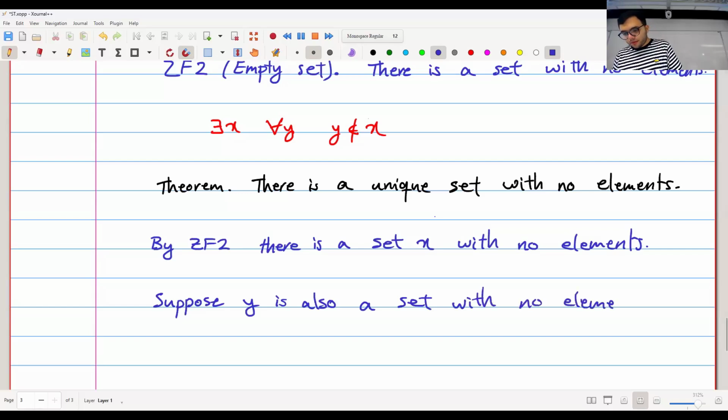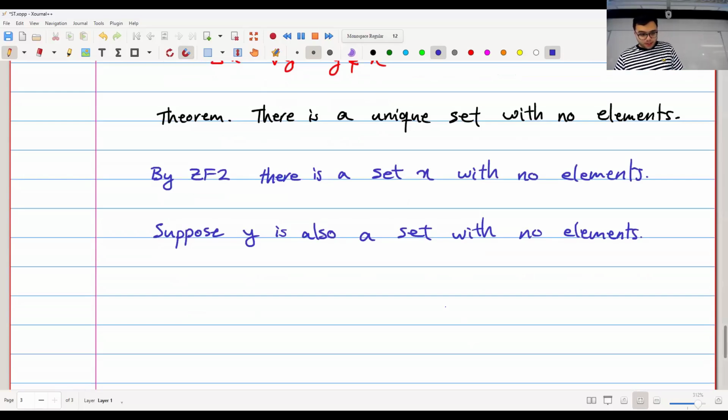Now, take any set Z. I can take whatever set Z I want. We know that Z is not in X, right? Because X has no elements.